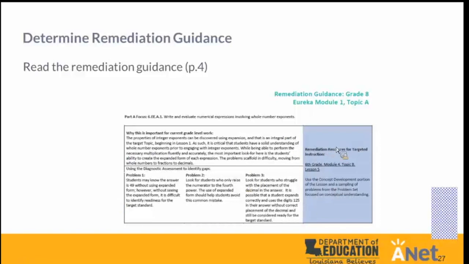And finally, the portion in blue highlights the targeted resource for remediation for these students. So it links to EngageNY, which is the same as the Eureka lessons. So that's ensuring that students are seeing strategies that they've seen before and it's aligned to what they're asked to do in this grade level. And they give you guidance about which part of the lesson to use. So in this example, we see it says to use the concept development portion and a sampling of problems focused on conceptual understanding.